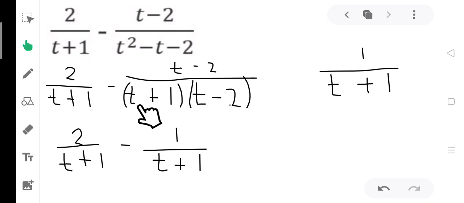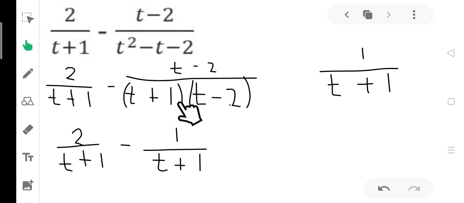The factors are t plus 1 times the quantity of t minus 2. Since t times t, that is equal to t squared. And then, positive 1 times negative 2, that is negative 2. Then, for the middle term, we have 1 and negative 2 combined, we get negative 1 here. So, these are the factors of t squared minus t minus 2.